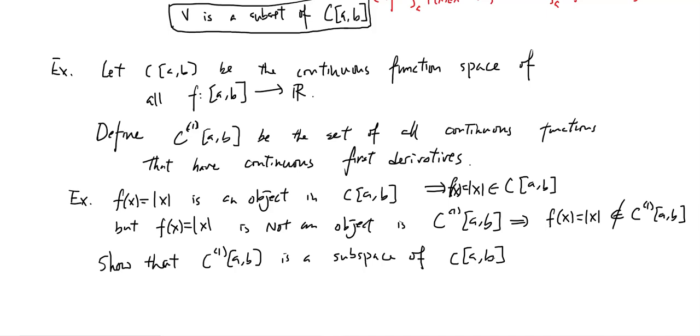So it's automatically in the continuous function space to begin with. Therefore, what we're going to try to do is show that if I only take those functions from the continuous function space that have a continuous first derivative, I can still satisfy the closure property for addition, scalar multiplication, and I still have the 0 element within the set. So that's what we try to show.